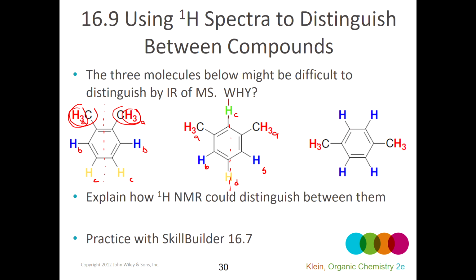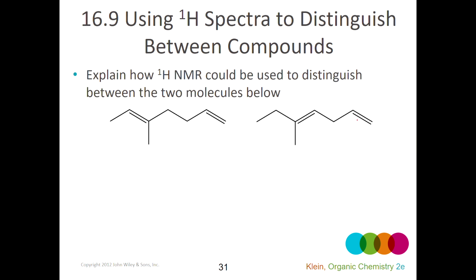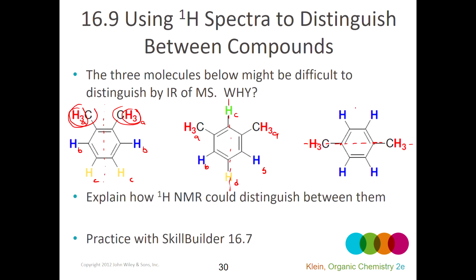Looking at the structure here, when I have 2 identical groups on opposite sides of the ring, now I have more symmetry. The right hand side is equivalent to the left, the top is equivalent to the bottom, and so in this case, if I tried to do the replacement test, replacing any one of these hydrogens with deuterium, I could rotate the molecule around or flip it over, and it would look exactly the same as it would look if I replaced any of the other hydrogens that are blue with deuterium.